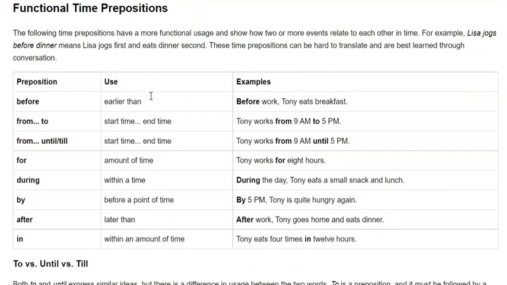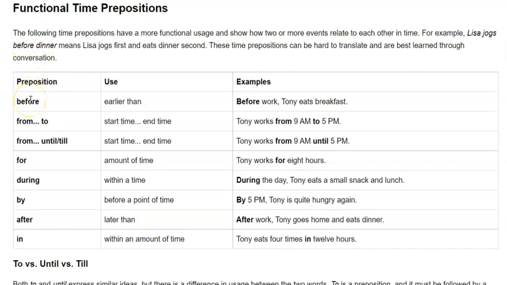There are a number of functional time prepositions like before, from, to, from, until, for, during, by, after, in. Let's see the use of each preposition with some examples.